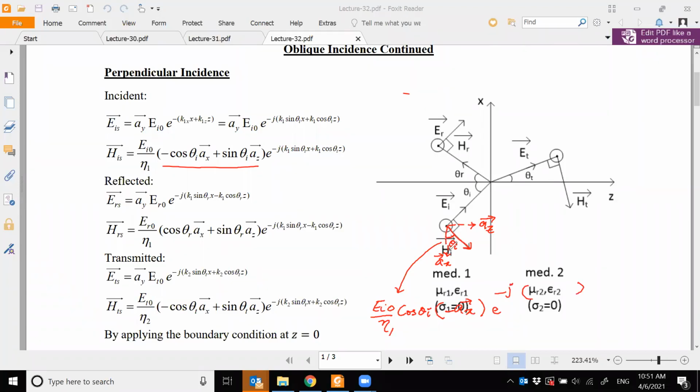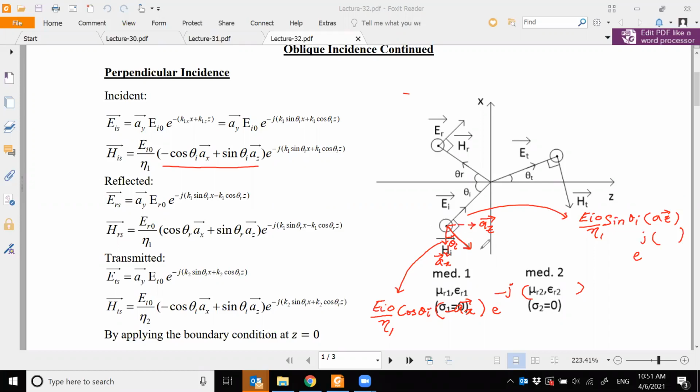So this will be the component. Can you see this? And what about this component? EI0 over eta 1 times, what will be this one? Sine. So it will be sine theta I. And what will be the direction? az times e to the power j. Got it?